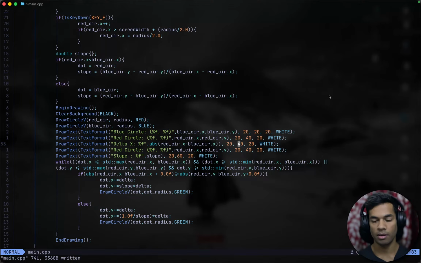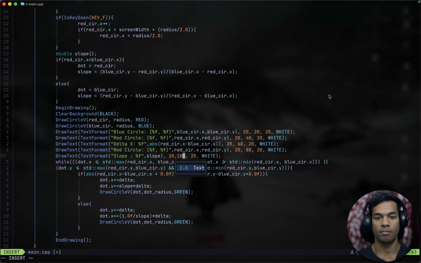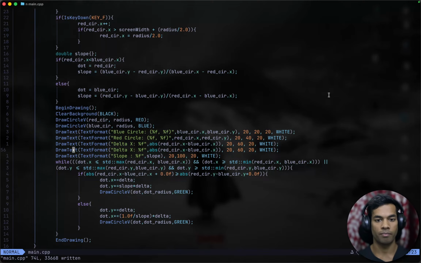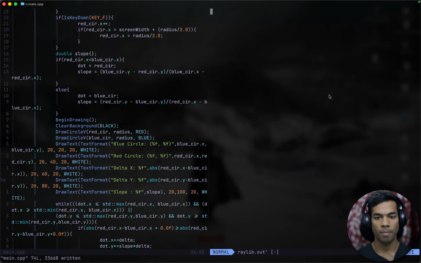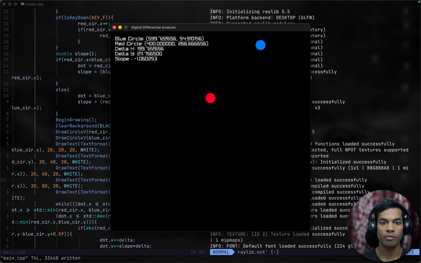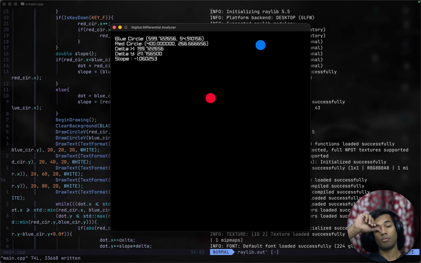And yes, we have to increase the y coordinate to 60, and here to 80, and here 100. And here, okay, delta x, delta y, and circle x with y, and this should be with t. And let's see. Okay, we have delta x. Okay, when the delta switches from x to y.